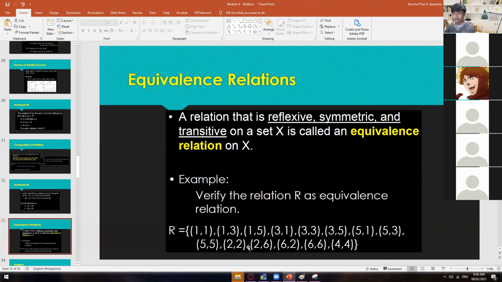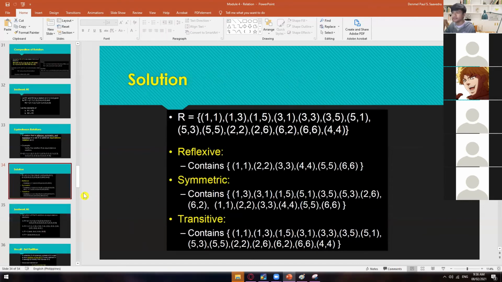All right. So here's the solution for this example. We have the 1, 1 up to 4, 4. As you can see, we have checked one by one. So this one is reflexive. Yes, we have 1, 1, 2, 2, 3, 3, 4, 4, 5, 5, 6, 6. And then this one is also symmetric because we have 1, 3, 3, 1, 1, 5, 5, 1, and so on and so forth.